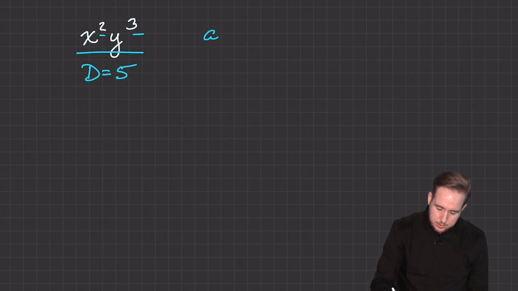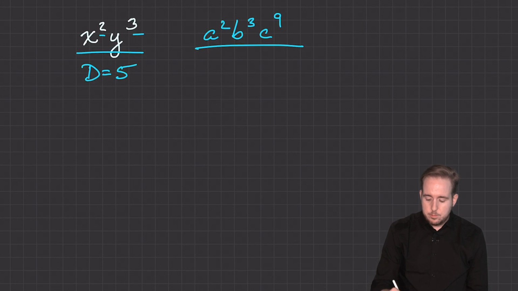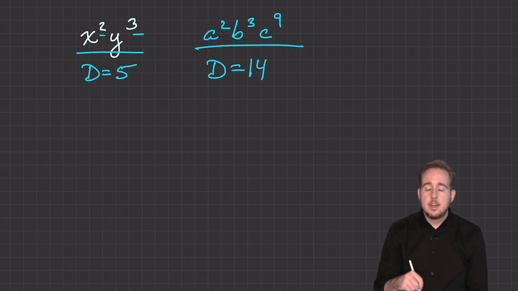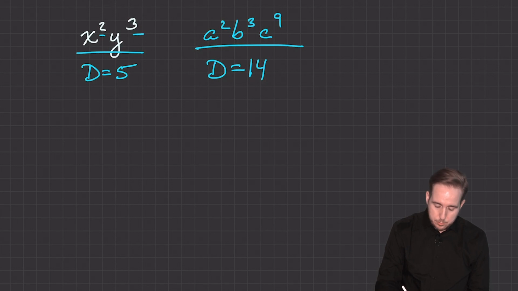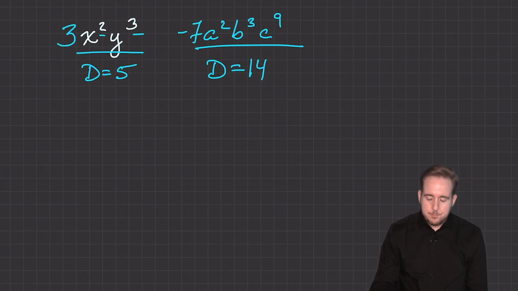So a squared b cubed c to the 9th. I would just count. 2 plus 3 is 5, 5 plus 9, the degree of this is 14. And remember, coefficients, numbers multiplying in front, don't count, so I could put, say, a 3 there, and I could put -7 there, and that wouldn't change the degree at all.